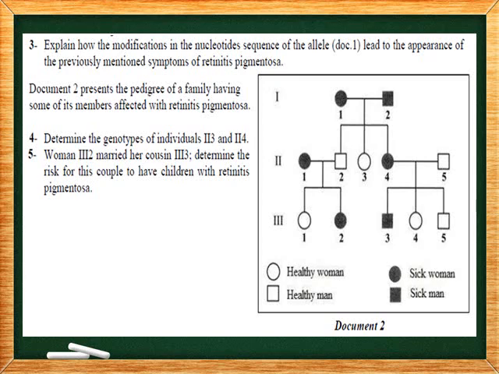Here you have to explain how the modification in the nucleotide sequence of the allele leads to the appearance of the previously mentioned symptoms of retinitis pigmentosa. When you talk about the modification, don't forget to compare a little again. Once there is an alteration at the level of the DNA molecule, directly it causes a modification at the level of the messenger RNA.